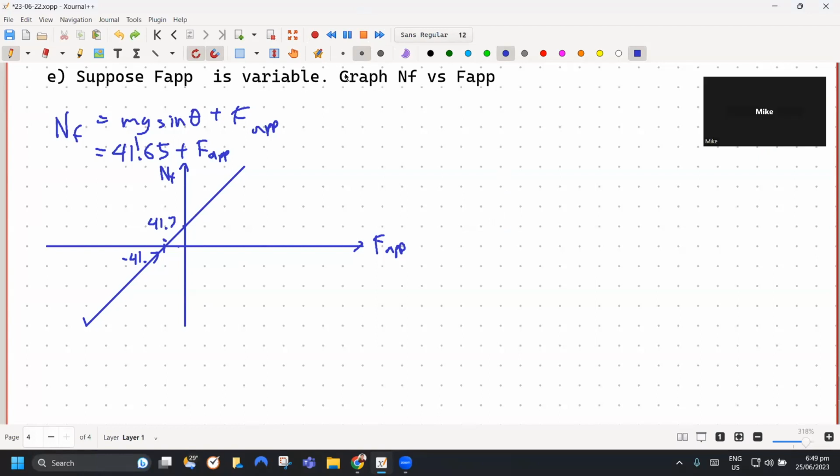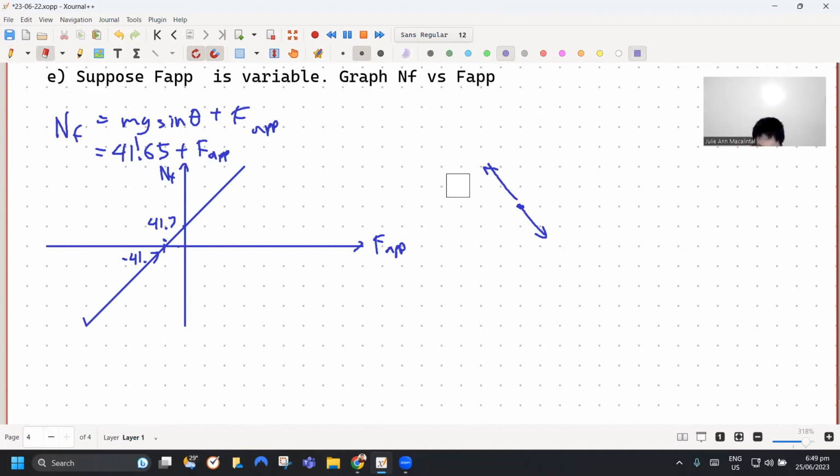Okay, so when normal force is negative, the floor is pushing or pulling into or out of the floor po.